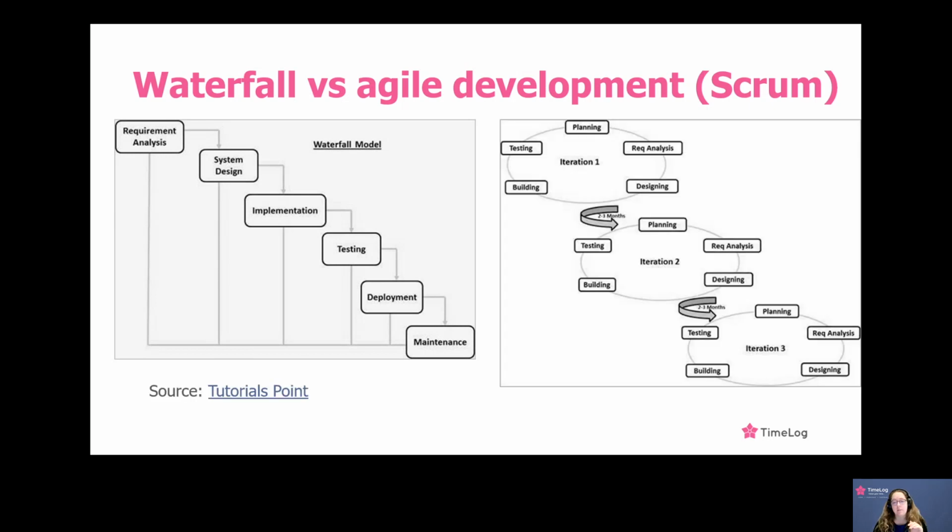Whereas in agile development, you also do the same, but you do it in smaller iterations. In TimeLog, we have 3-week sprints. So one sprint is one iteration. And we do this all the time. So every time we have a sprint, we aim to put something out that the users can actually take into use right away, so they don't need to wait for the big bang releases as we've seen in the past.